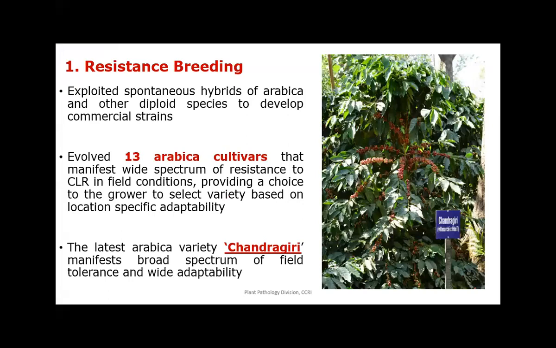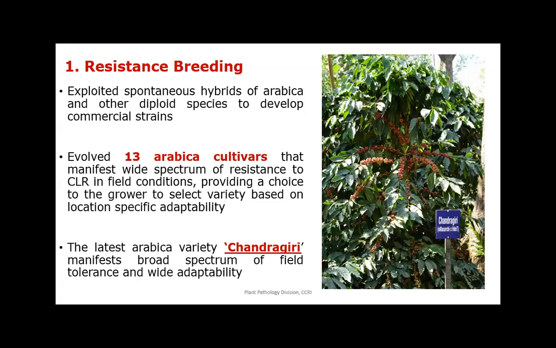First and foremost in integrated disease management is growing tolerant varieties, the rust resistant or tolerant varieties. At CCRI, the plant breeding division has evolved 13 Arabica cultivars. They have a wide spectrum of resistance to CLR, coffee leaf rust, in field conditions.